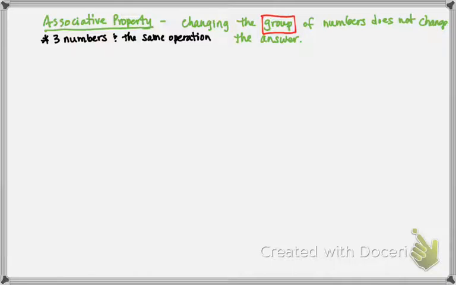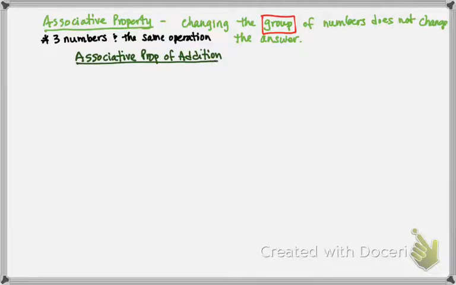Okay? So let's talk about the associative property of addition. Got to spell that better. Associative property, and again, abbreviate property of addition.